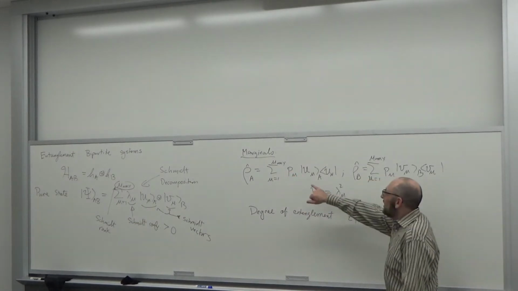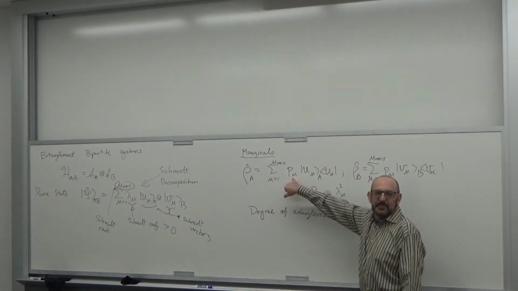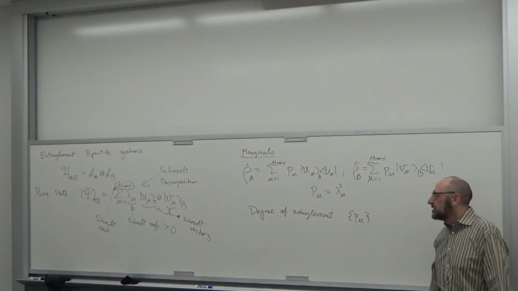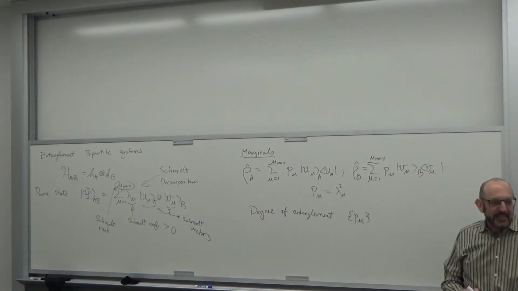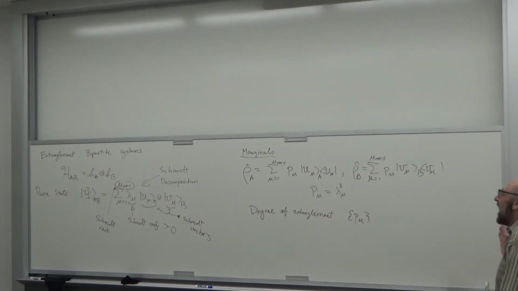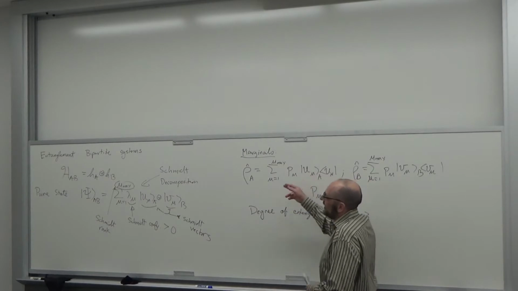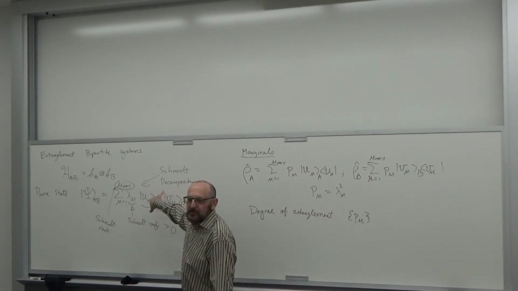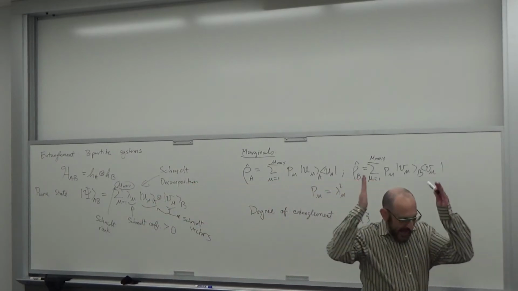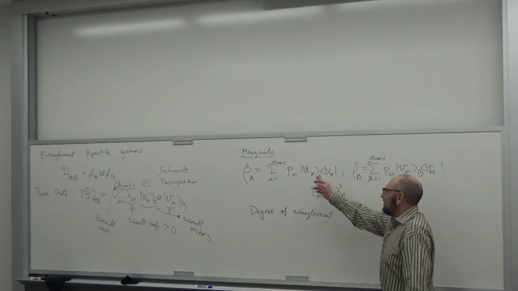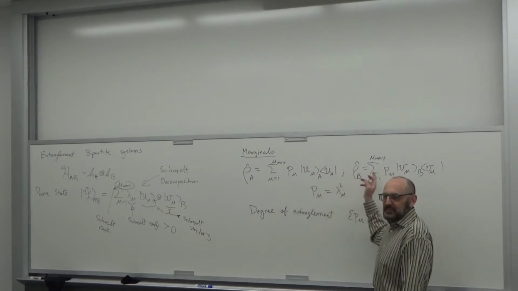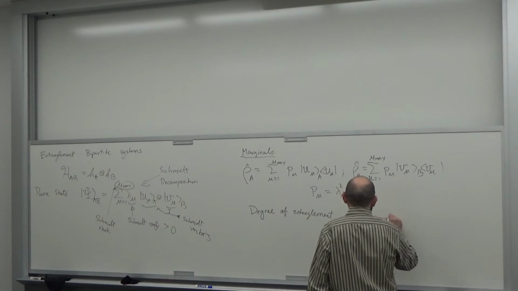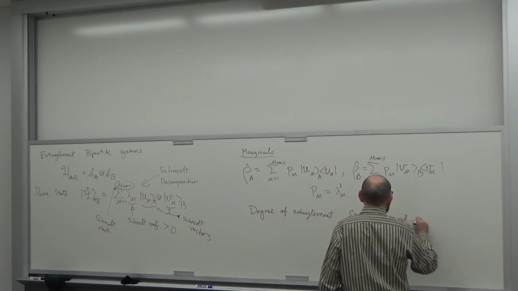So these p's form a probability distribution normalized to 1, and that probability distribution determines the degree of entanglement, right? So if I had a pure state, then this Schmidt rank would be 1, and it would just be a product state, and I'd have pure states for the marginals. So the degree of entanglement is related to the mixedness of the marginals.